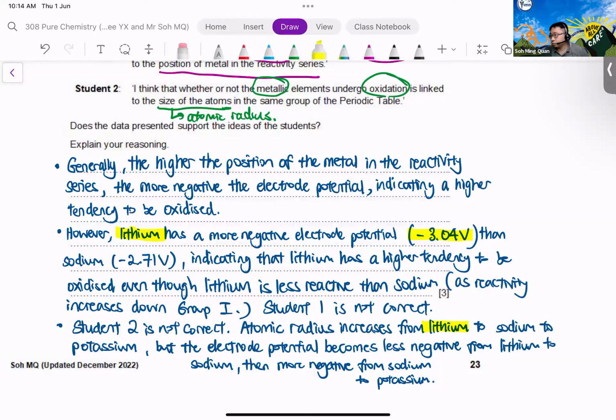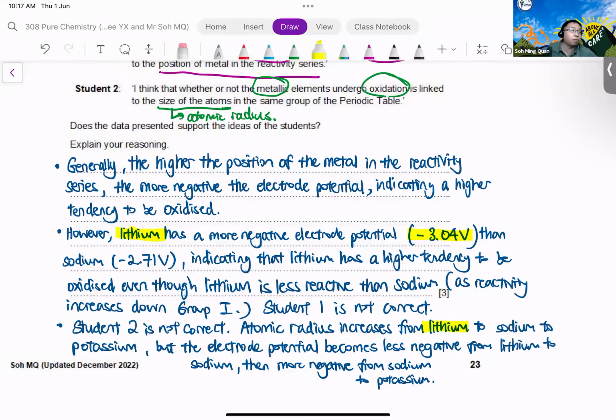That's why most of our electronic devices today, like laptops and handphones, make use of lithium-ion batteries. The reason we use lithium-ion batteries is because lithium has a very large magnitude of electrode potential, minus 3.04 volts. This gives rise to a larger potential difference or electromotive force for your battery.